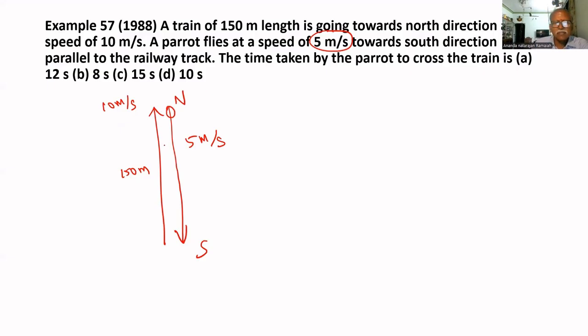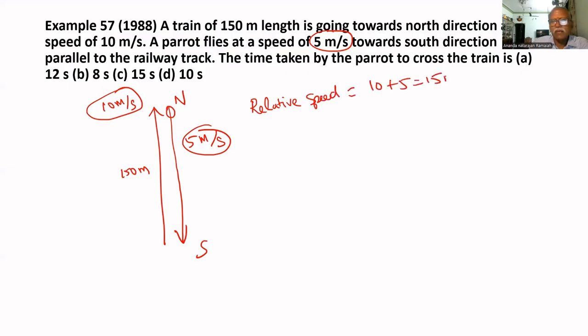what is the relative speed? Opposite. That's why we have to add it together. Same direction means subtract relative speed. Opposite direction means we have to add together. Therefore, this is 10 meter per second, this is 5, so relative speed equals 10 plus 5 equals 15 meter per second.